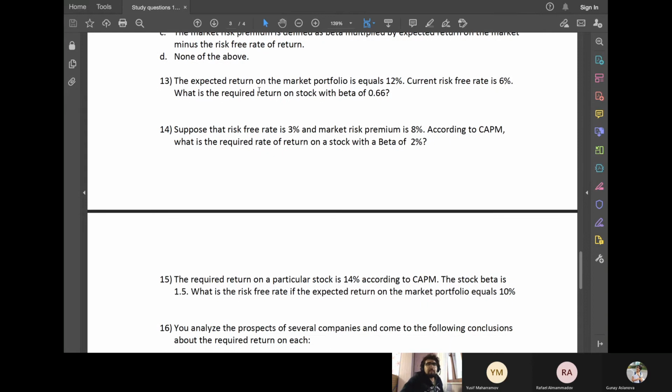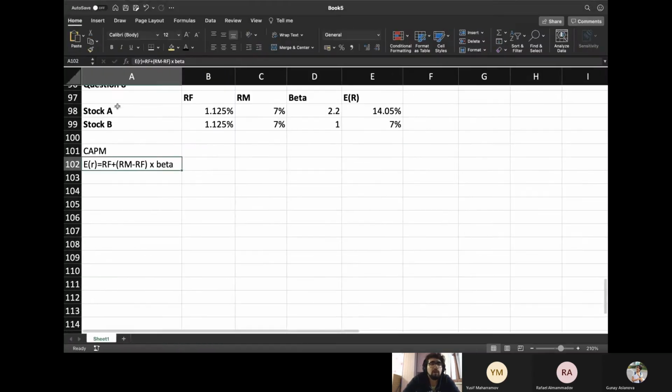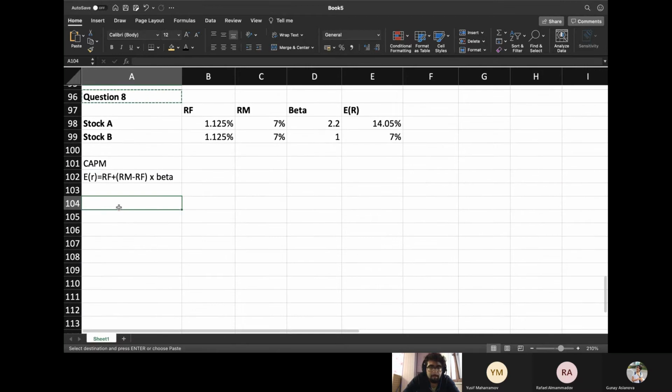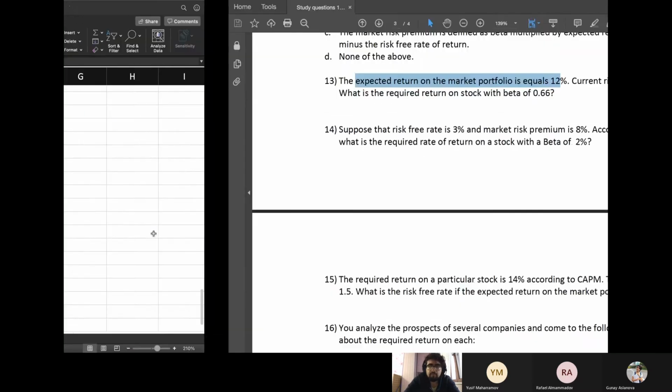Question 13. The expected return on the market portfolio is equal to 12%. Risk-free rate is 6%. What is the required return on a stock with a beta of 0.66?